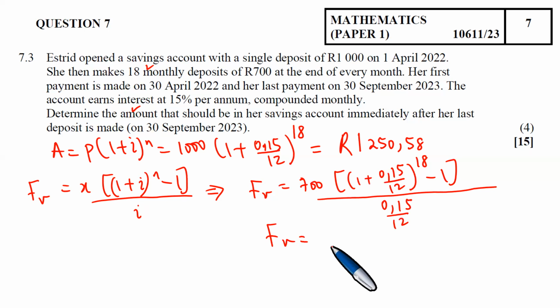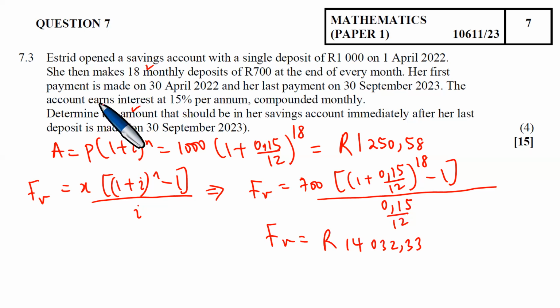Okay, I'm finishing this page. So we have that this is exactly 14,032.33. In other words, if you make this deposit of 700 Rand, 18 of them, every month, her first payment due on the 30th of April 2022, and this is 2023, and this totals 18 months.